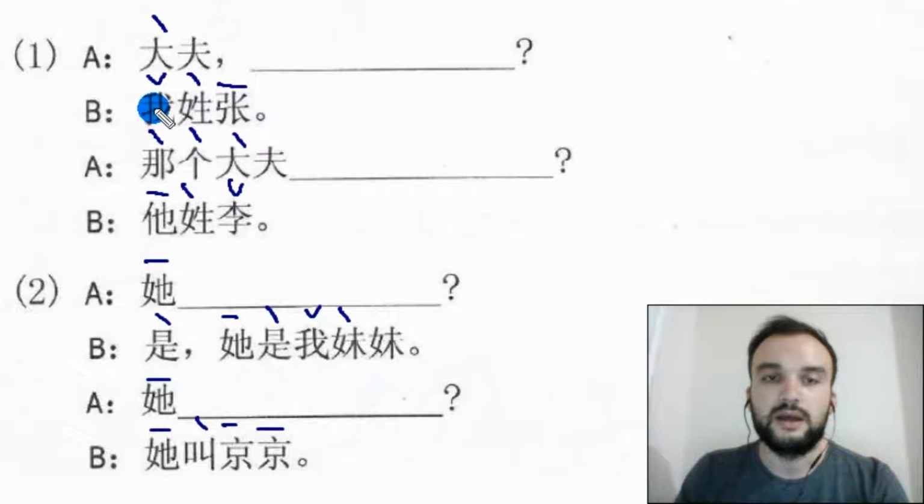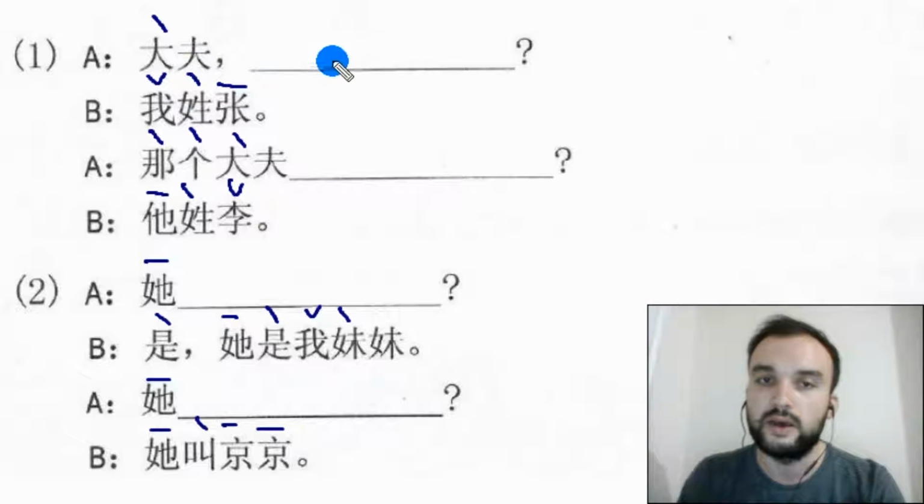First, translate this dialogue and try to find these blank places. Here, 大夫 means doctor, and we shall ask a question to the doctor. So, the doctor answers like this: 我姓张.